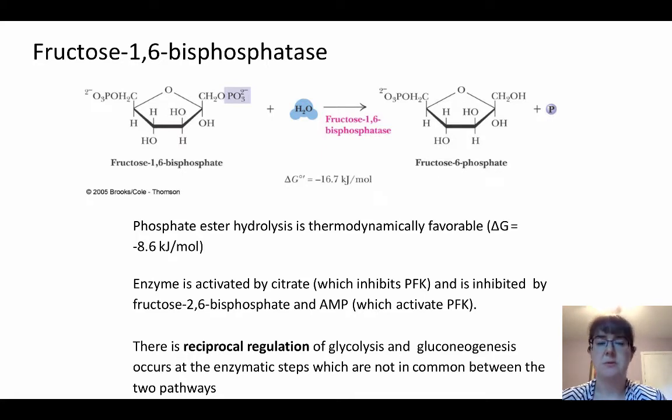Those three molecules play a key role in regulating which enzyme is active, fructose 1,6-bisphosphatase or phosphofructokinase in glycolysis. This is what we call reciprocal regulation between glycolysis and gluconeogenesis, where you have opposite regulation between those two enzymes. And this regulation is what we're going to be talking more about in this video.